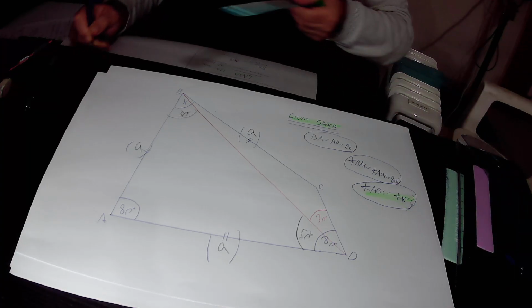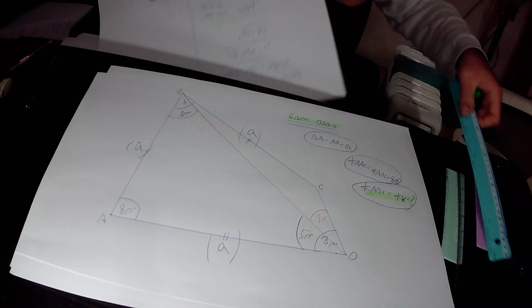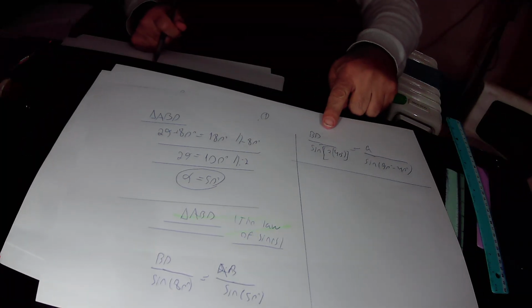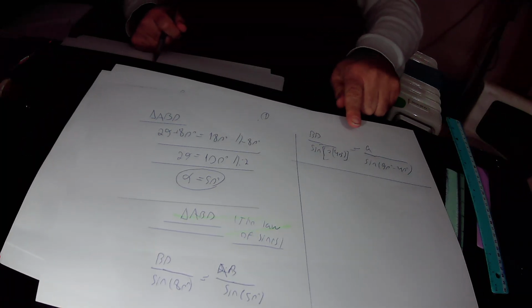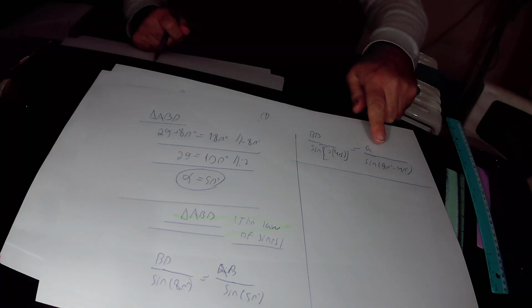So we found that according to the law of sines, BD over sine 2 times 40 degrees equals A over sine of 90 degrees minus 40 degrees.